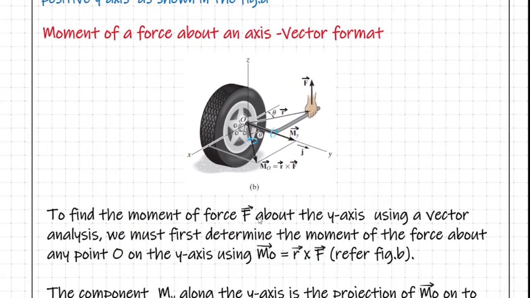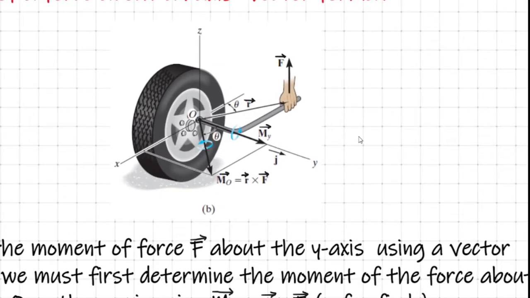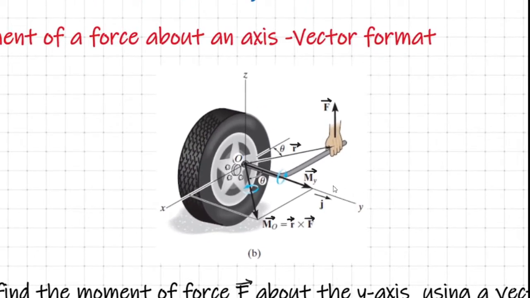To find the moment of a force F about the y-axis, what exactly we are interested in calculating is the moment of the force produced by vector F about the y-axis. The procedure is very simple. First we select a point on the y-axis. In this specific case, the point is chosen as O for our convenience.